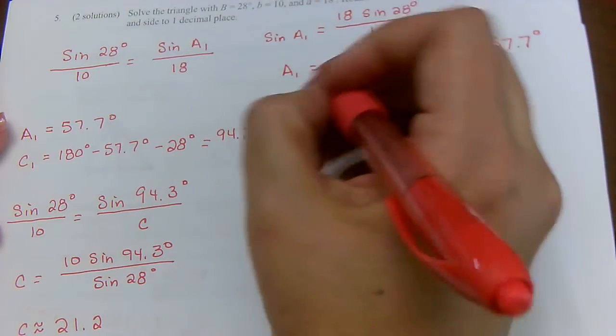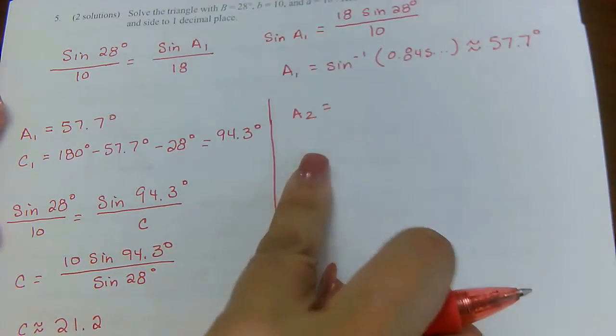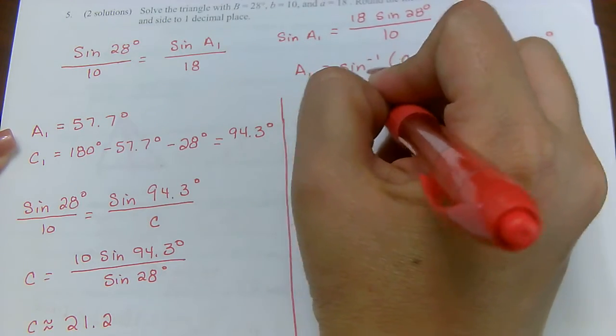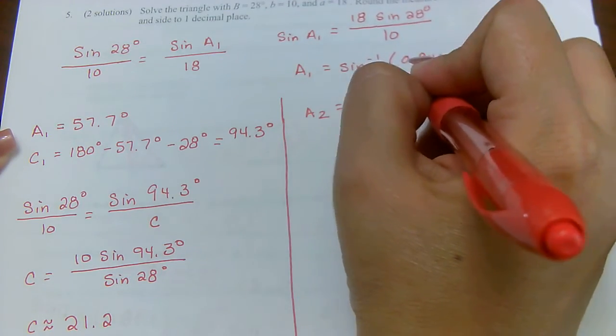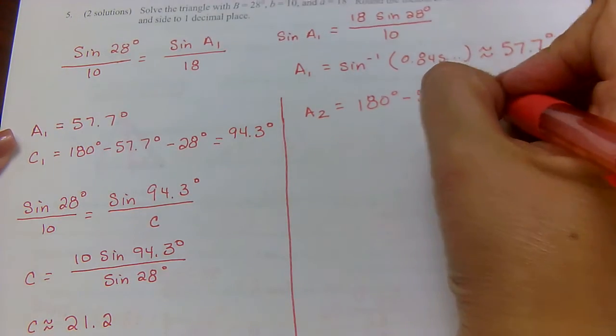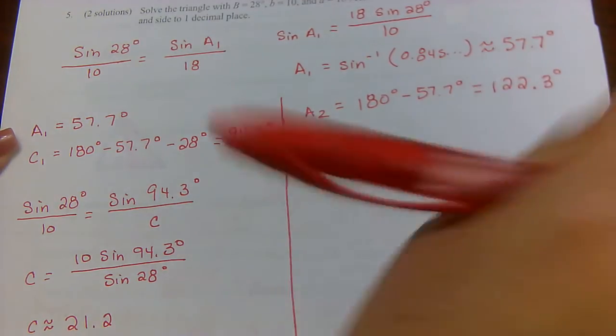Second triangle, I'm going to start with A2. A2 is going to be equal to 180 degrees minus 57.7. Okay, that comes out to 122.3 degrees.